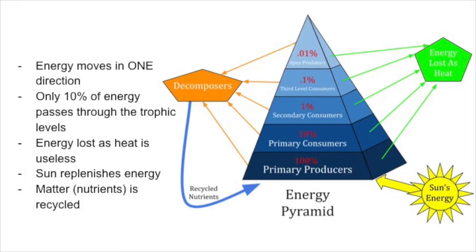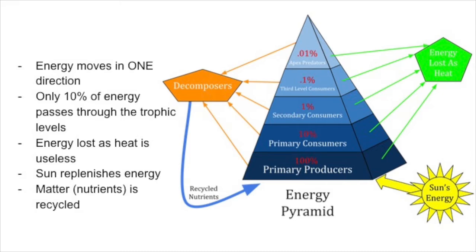This picture is just a reminder of the energy pyramid that we saw last time, and you'll notice those orange arrows and the blue arrow. So the orange arrow is basically showing you that as the organisms found in these different trophic levels die off, their bodies get decomposed by decomposers.